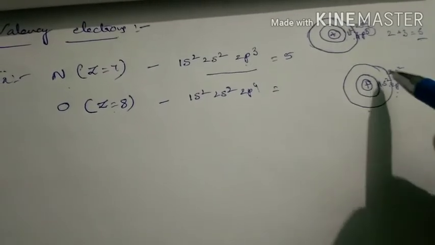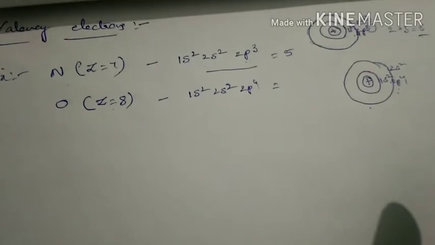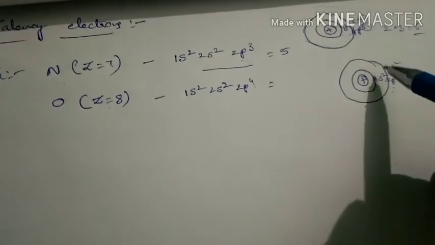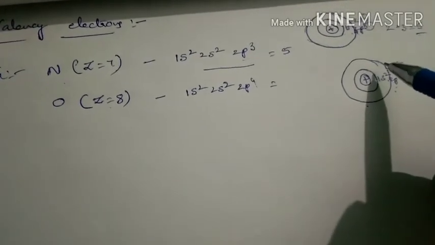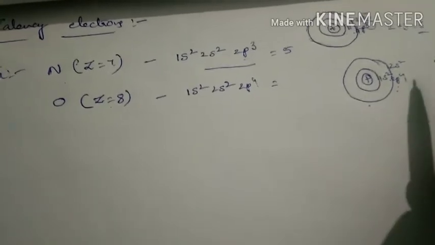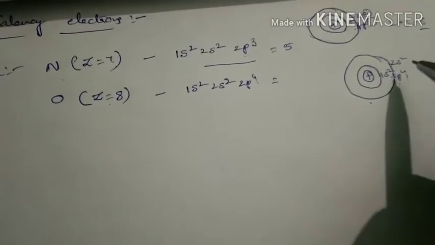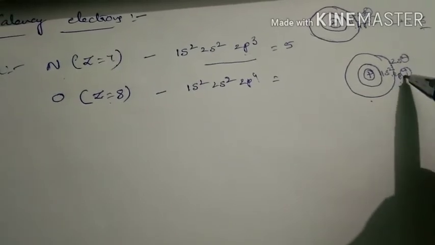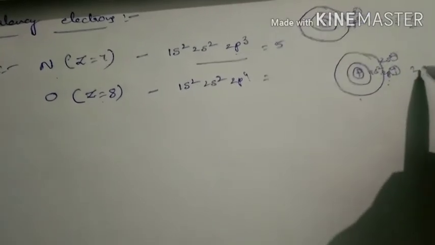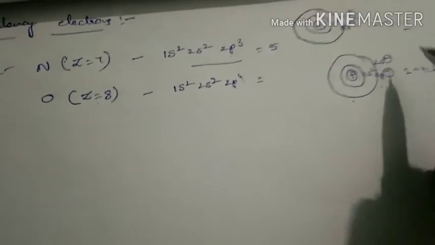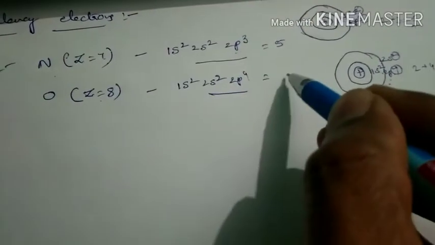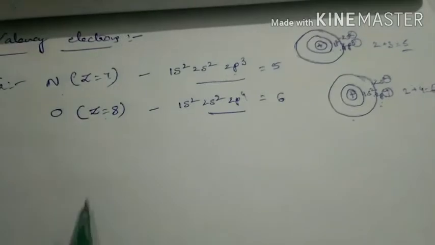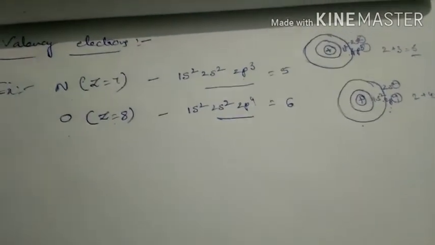This 2s and 2p are present in the second shell only, and this second shell is considered the outermost orbit because it is the last shell. Now the outermost orbit contains how many electrons? 2 plus 4, how much? 6. So there are 6 valence electrons in oxygen.